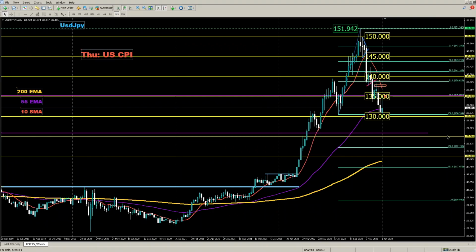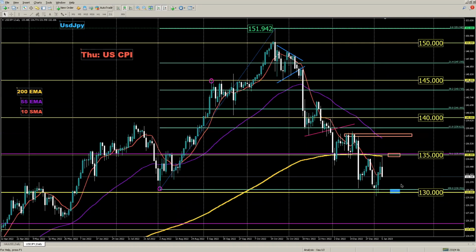So yes, it's just above 125 and just below the 126 round figure. So this 130 area needs to hold, otherwise it's going to target the 126.